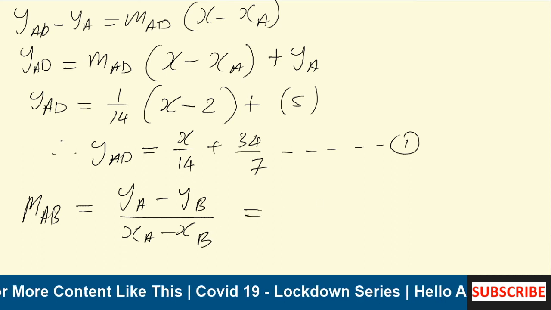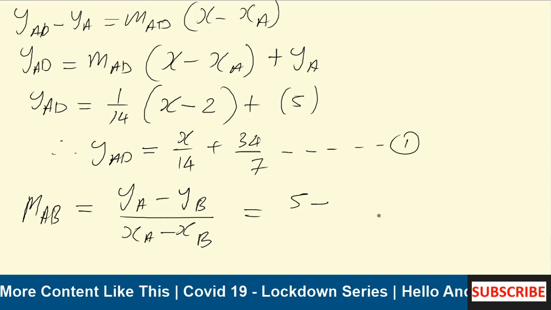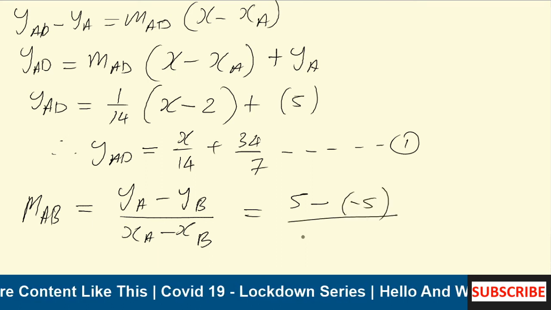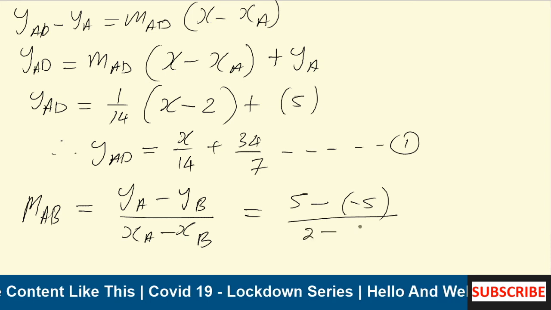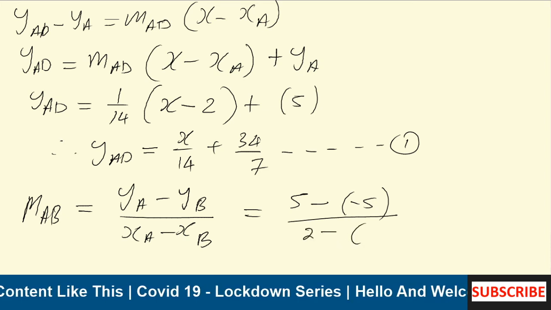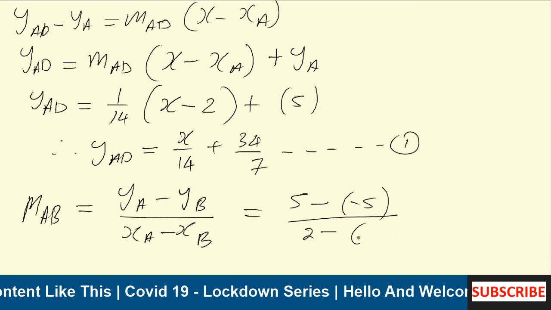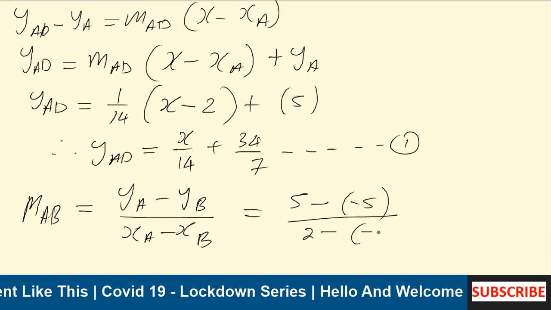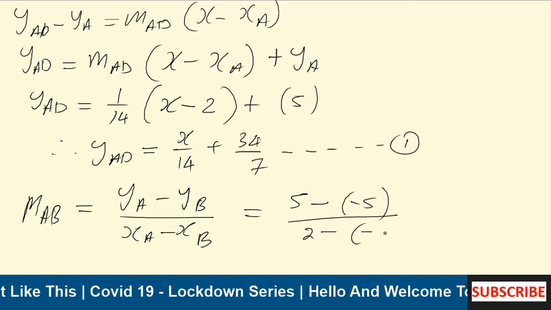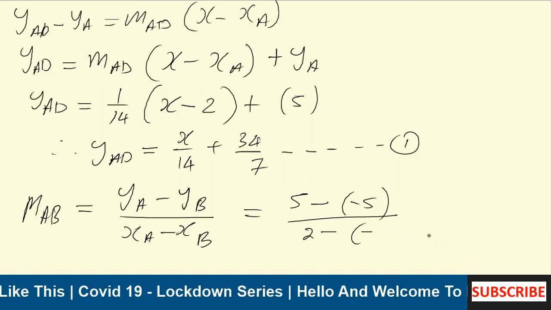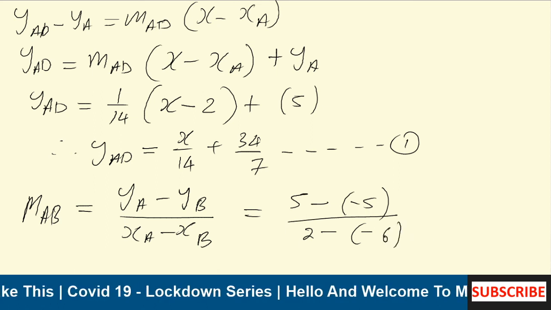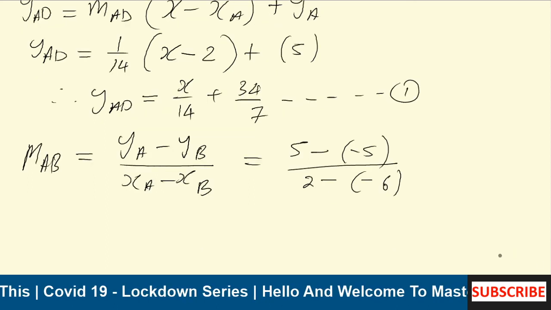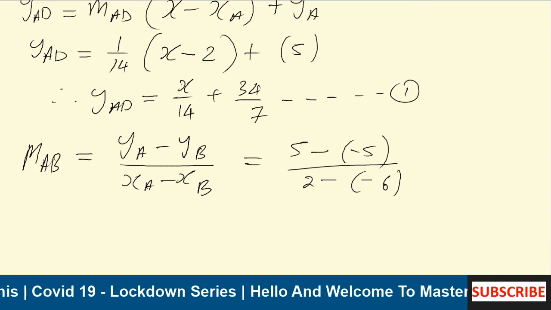Y at A is 5 minus y at B is minus 5, and then x at A is 2 minus x at B is minus 6. Let me confirm something on this diagram here.